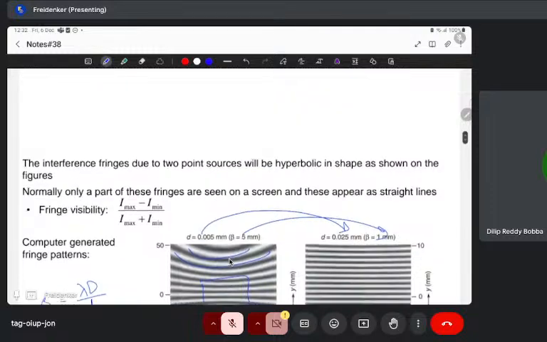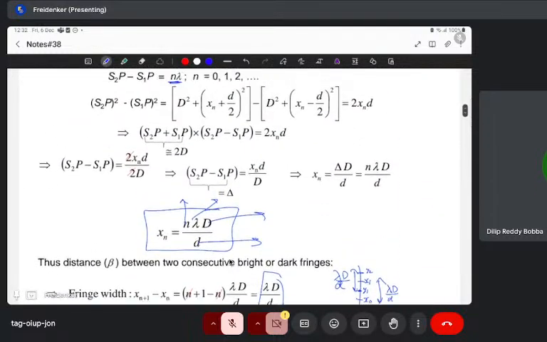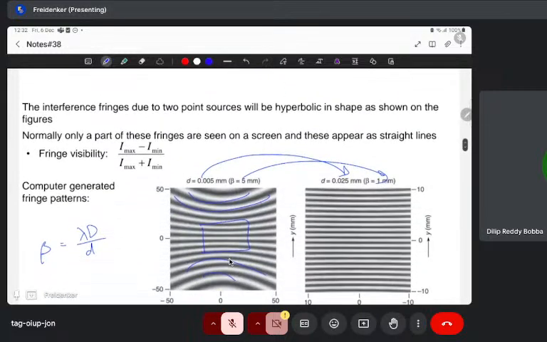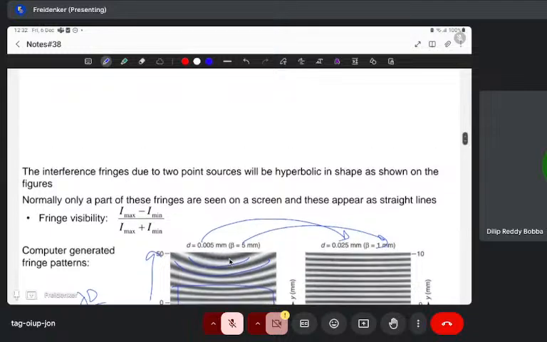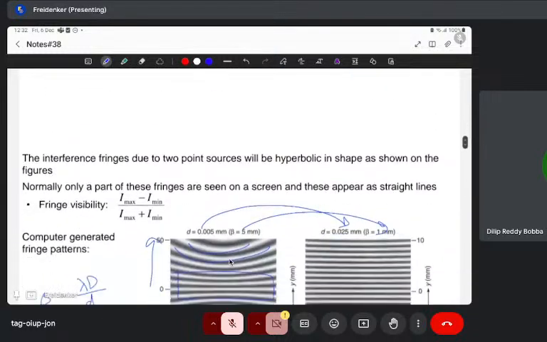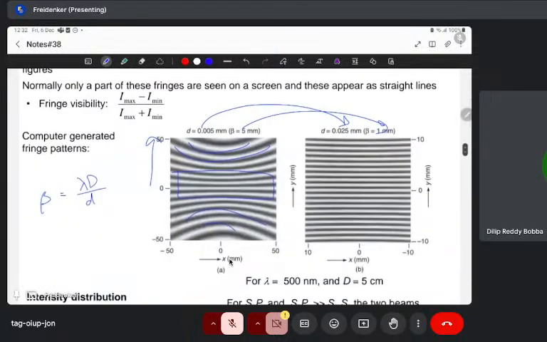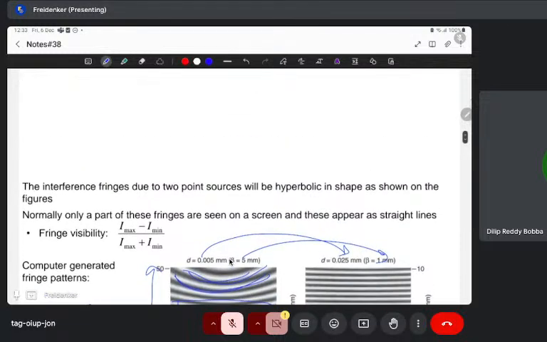Okay, we were approximating some things in our calculation, right? So only for the middle portion, you will probably get straight lines. Later, if we go farther and farther away, the approximation won't work well. So we won't get straight lines like this. Maybe if you do the exact calculations, then even mathematically we'll be able to show that we will get a hyperbolic pattern. But since we use approximations, that is only true for small distances.